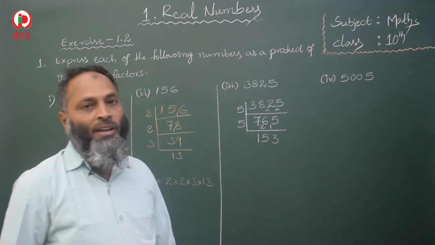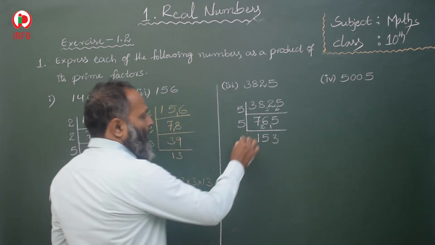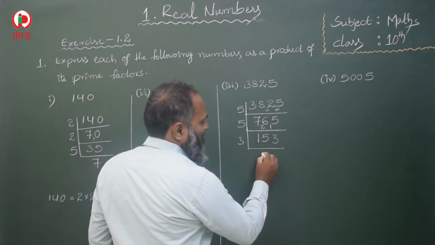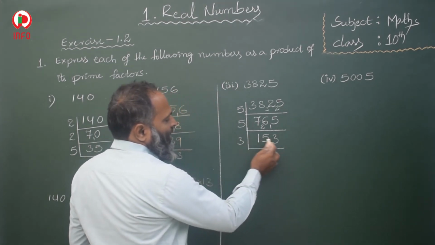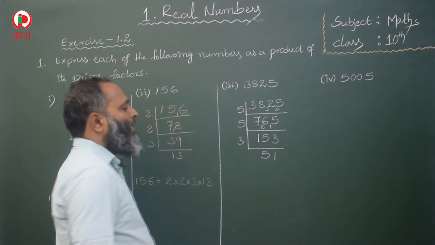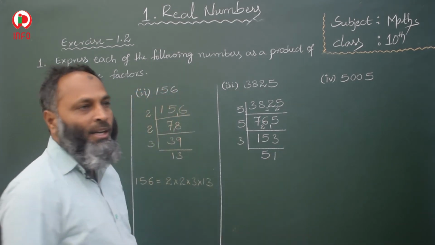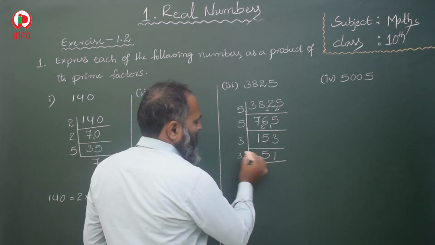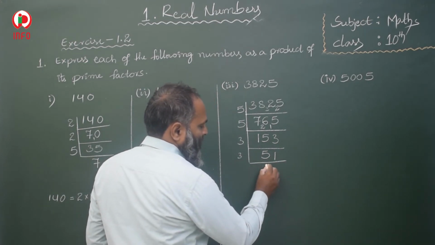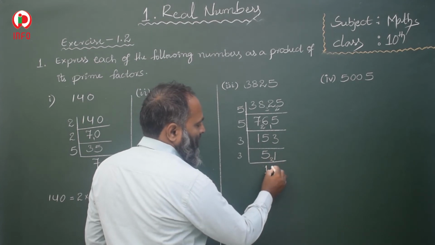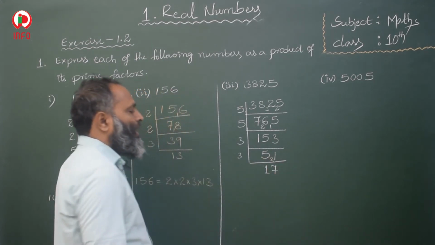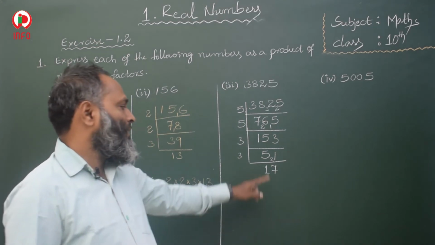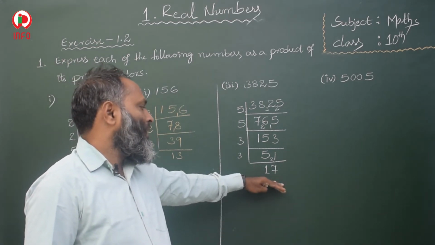153. This 153 is divided by 3. So now divide with 3. 3 5s are 15. 3 1s are 3. Again this 51 is divided by 3. 3 1s are 3. 2 left. 3 7s are 21. 17 is left. 17 is a prime number, so no need to do further.